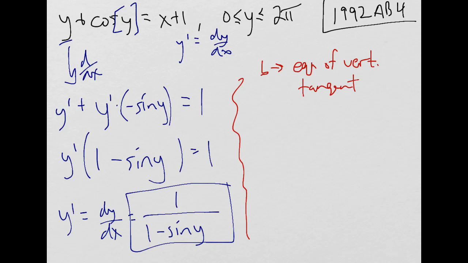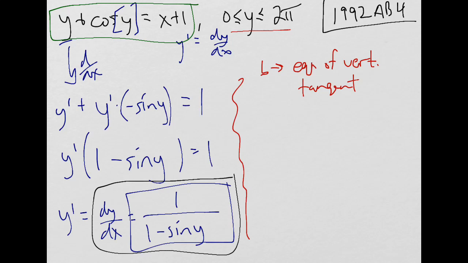So I'll do part B in the same video here. For part B, they want the equation of each vertical tangent. I'm going to come back to this and use this right here.